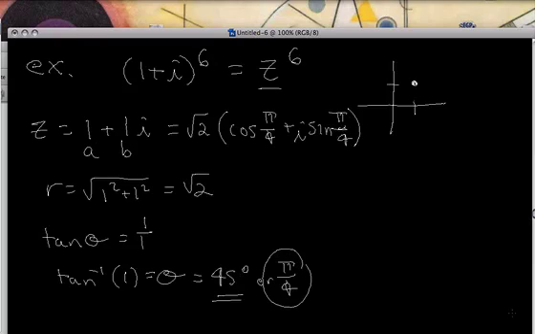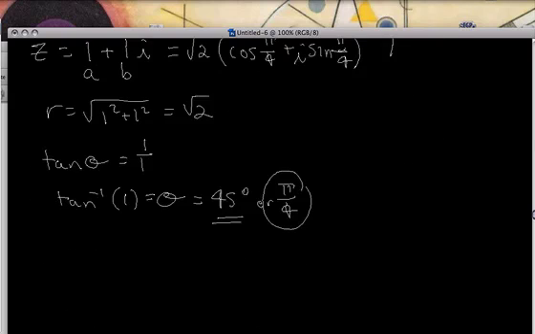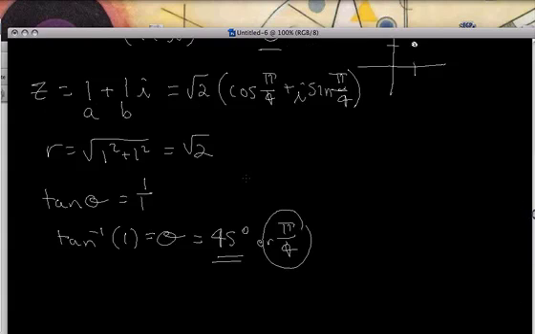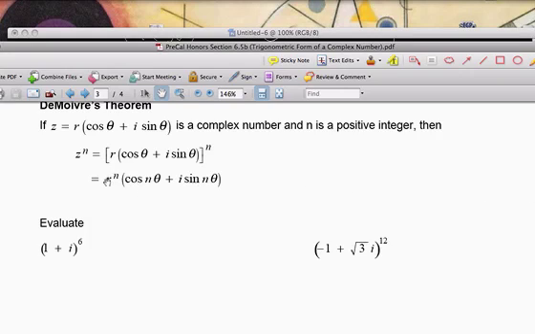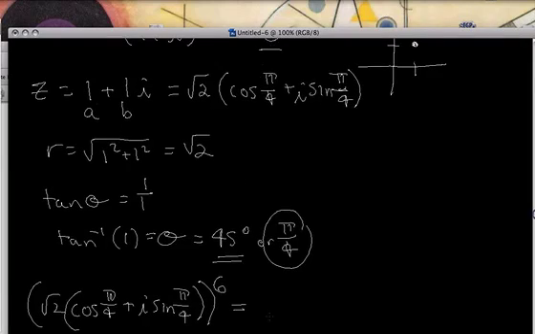Now if we want to raise that to the 6th power, we just follow de Moivre's theorem, which is the modulus raised to the 6th power, cosine n theta plus I sine n theta.